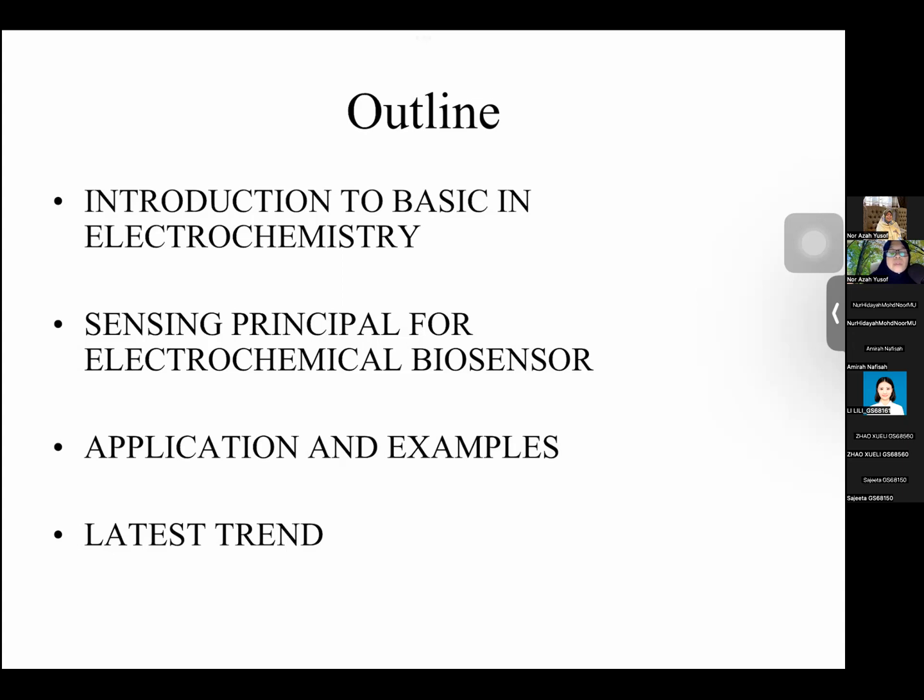For optical, usually we are using colors, UV, visible region, or fluorescence. There are others as well. For electrochemical, we're talking about current, voltage, potential. There is impedance as well. So this is what we call the transducer.